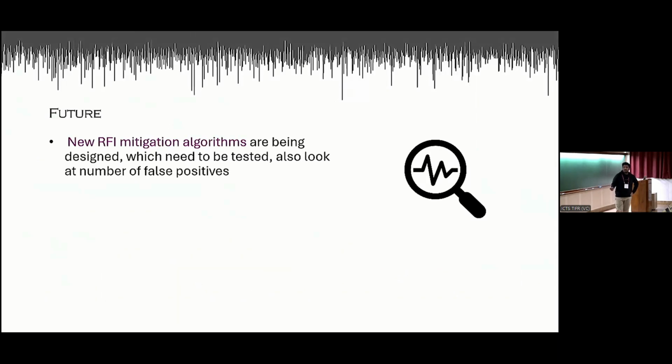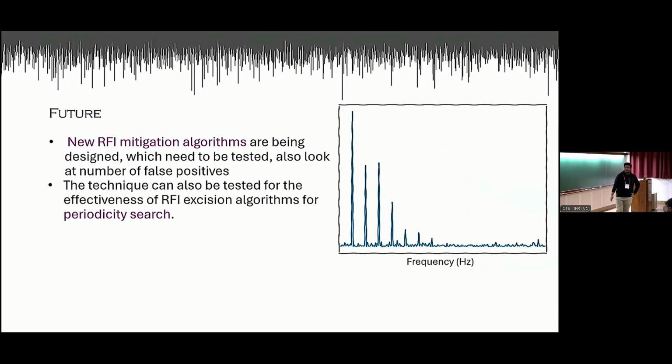So what next? We have new RFI algorithms coming up that are being designed, and they need to be tested. We also need to look at the number of false positives coming out of these pipelines. The same technique can also be used for periodicity searches. We're just doing single pulse search right now.